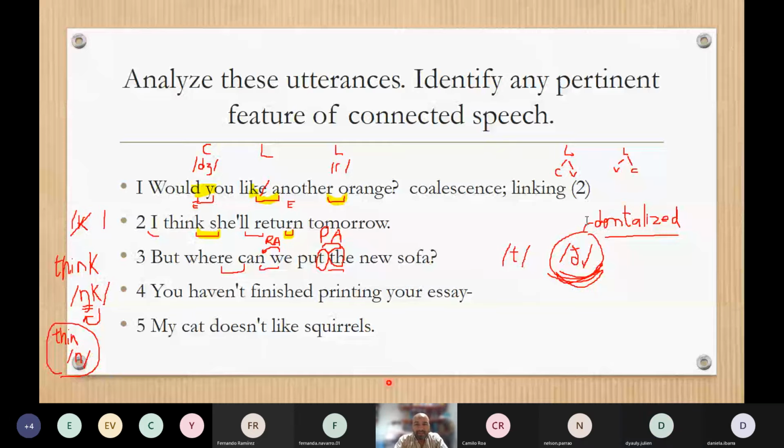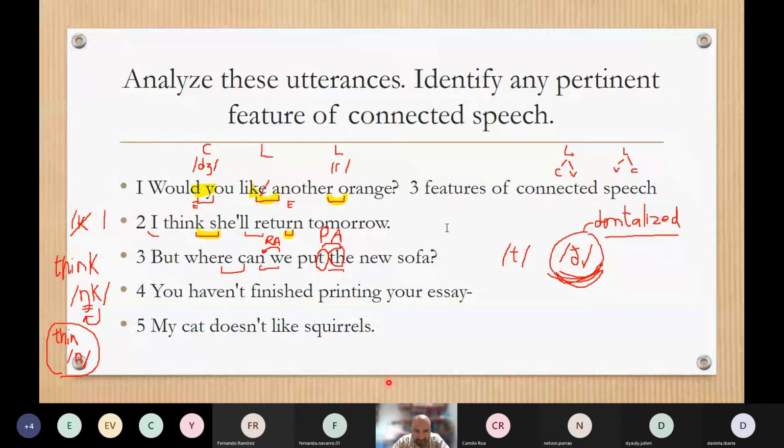Right. The other option is that I show you the first sentence, for instance, and I tell you, okay, there are 3 features of connected speech that you need to identify, and you're given some minutes to analyze this.